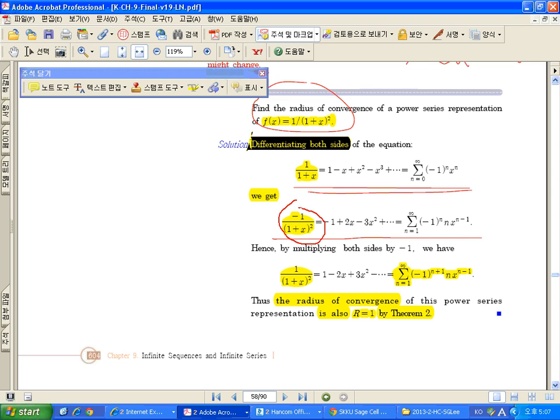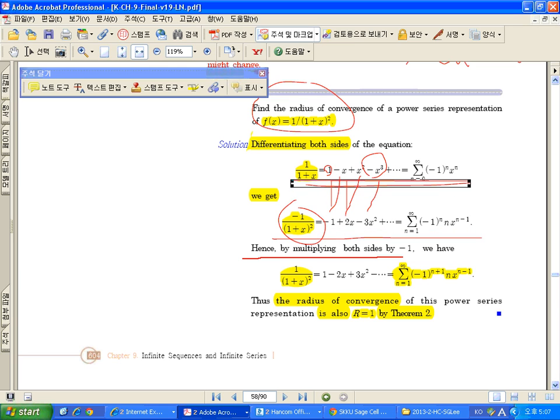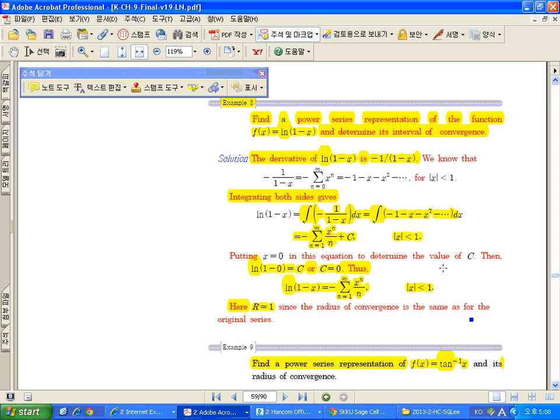This is exactly the same as this, which is the derivative of each term. The derivative of 1 goes to 0, the derivative of minus x goes to minus 1, the derivative of x squared goes to 2x, the derivative of minus x cubed goes to minus 3x squared, like this, in the summation. Hence, by multiplying both sides by minus 1, we have this one. So the radius of convergence of the power series representation is also 1, because of the theorem.